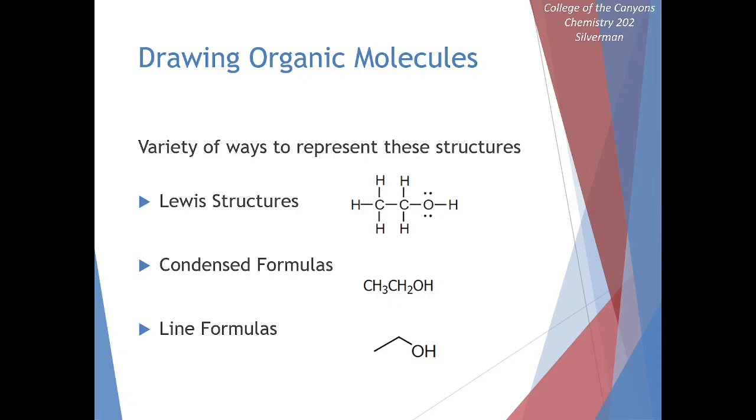Below there we have our condensed formula, which has all that same information if we know what we're looking at, but we don't have to draw the extended structure. Here, this CH3 at the end, let's do a little circling here.